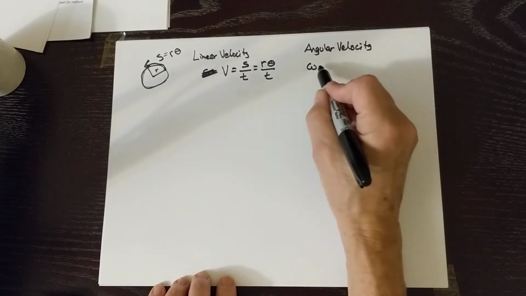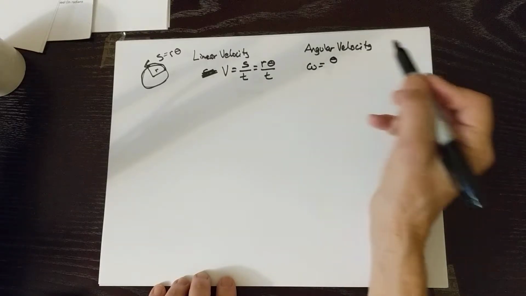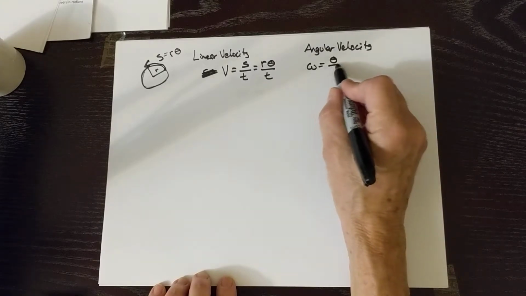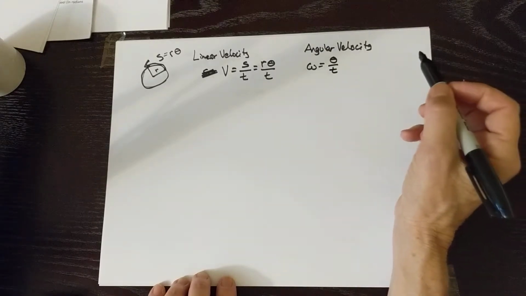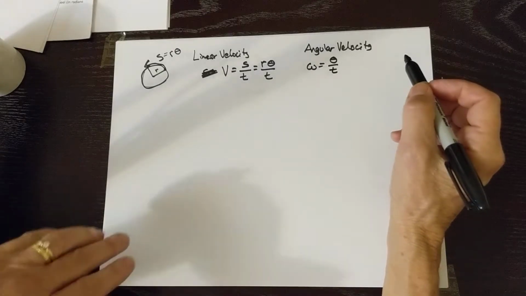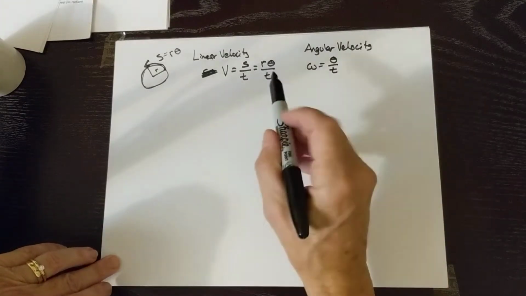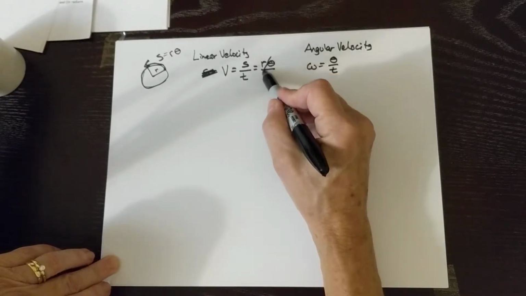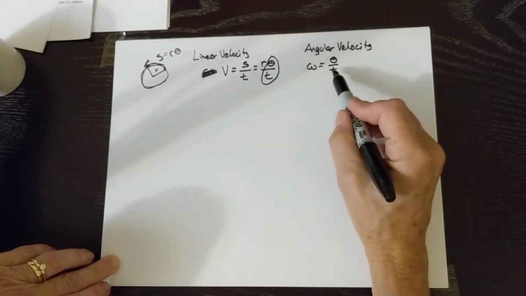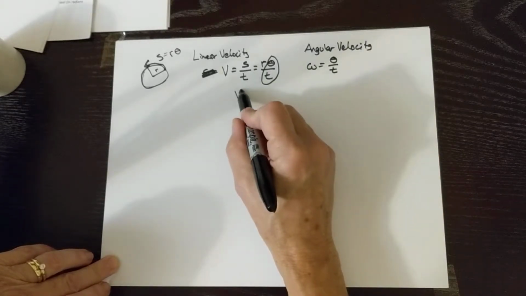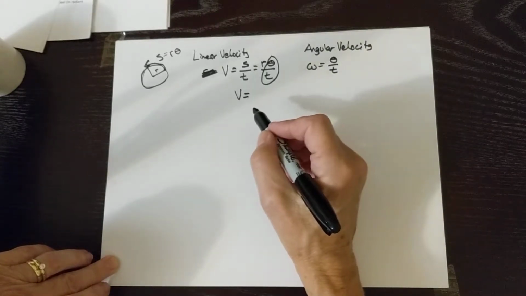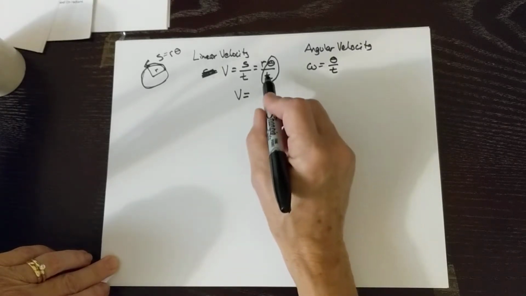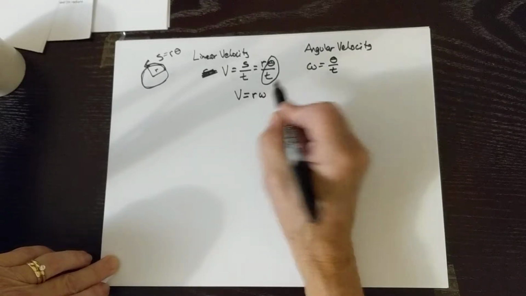So angular velocity is how many degrees or radians you pass through per unit of time. If you look at the linear velocity formula, V is equal to R times theta over T. This theta over T is what omega is. So we use an alternate form of this formula: linear velocity is equal to R times omega.